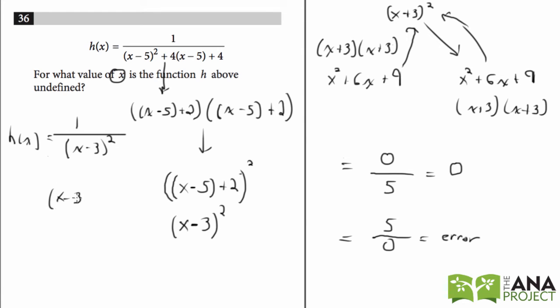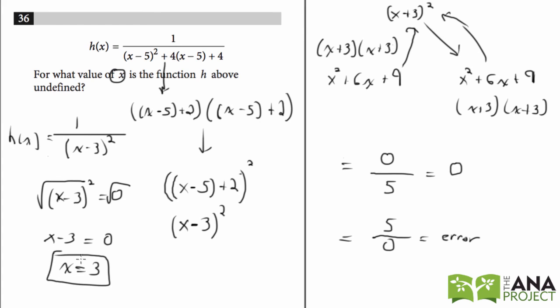We're going to set x minus 3 squared to 0, and then we're going to solve for x. So this is squared, so we're going to take the square root of both sides. So this becomes x minus 3. Square root of 0 is 0. x minus 3 equals 0, and then x equals 3.